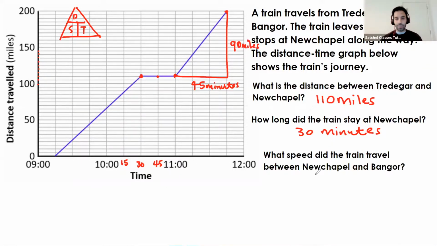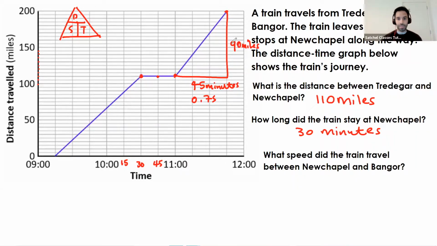Now, generally, speed is calculated per hour. So we need to convert 45 minutes as a decimal in terms of hours. So 45 minutes is 3/4 of an hour. So 3/4 of an hour would be 0.75. So we want to work out the speed. So speed is equal to distance divided by time.